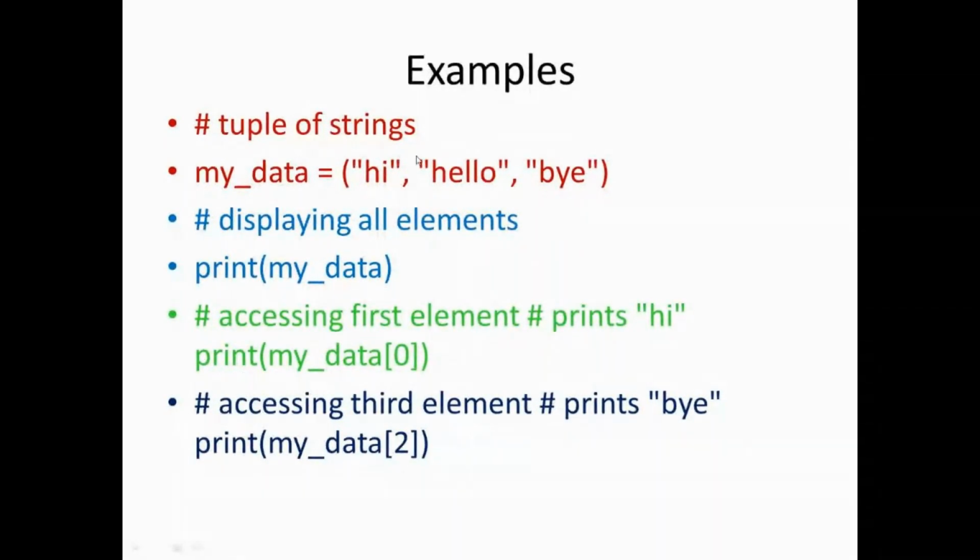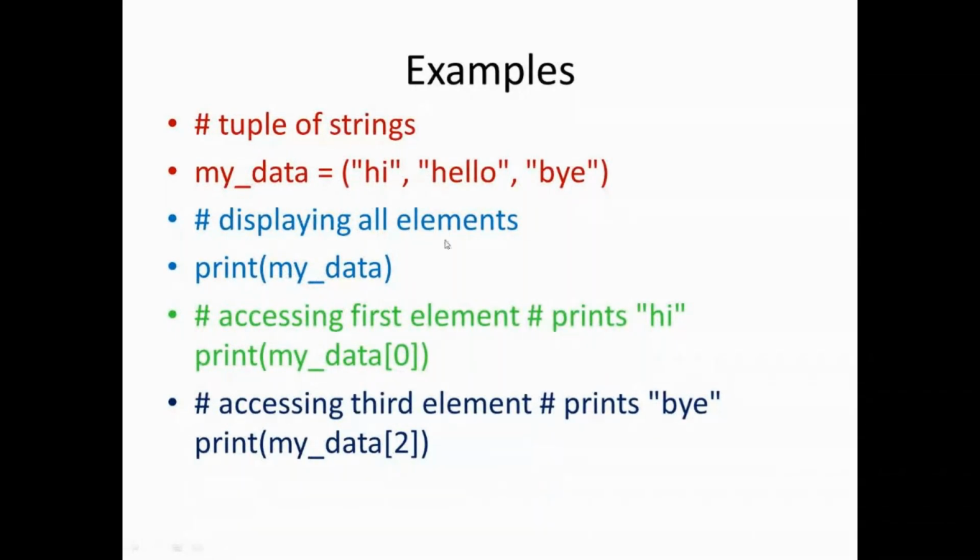Since I told you it supports different data types, we can have some data with strings. We can call it a tuple of strings, and we can display the elements with print(my_data).